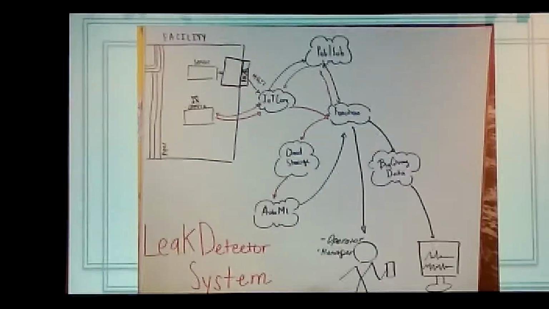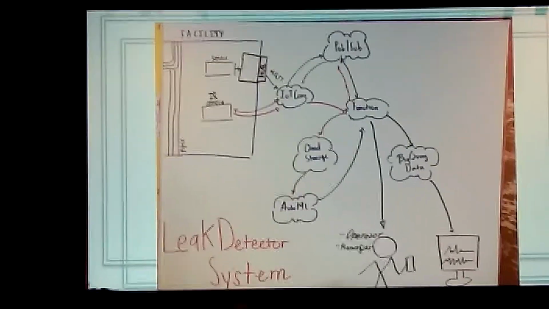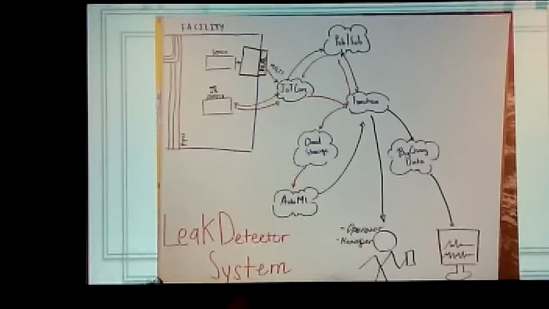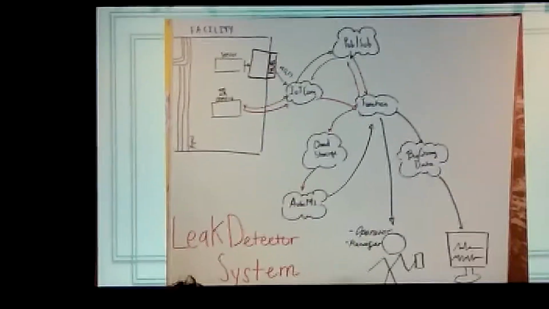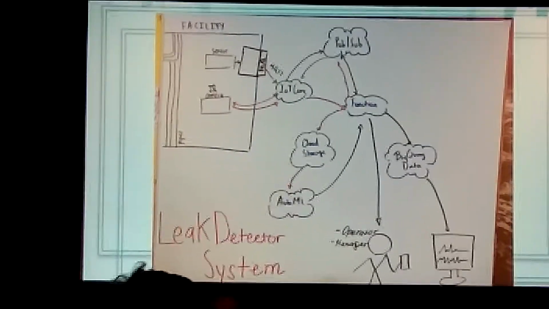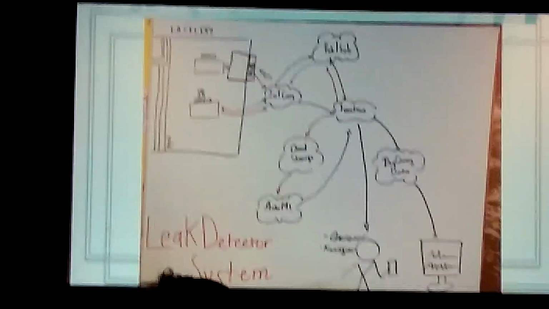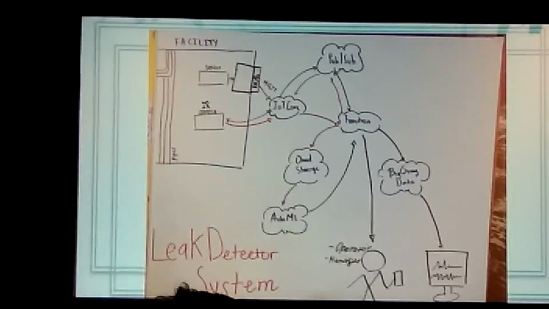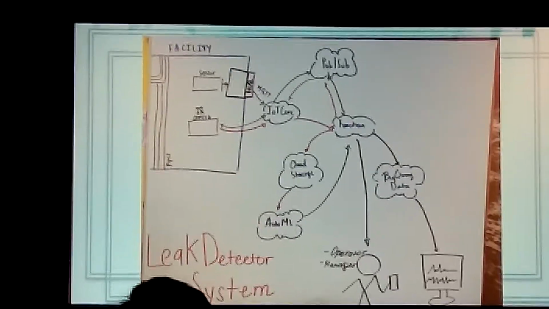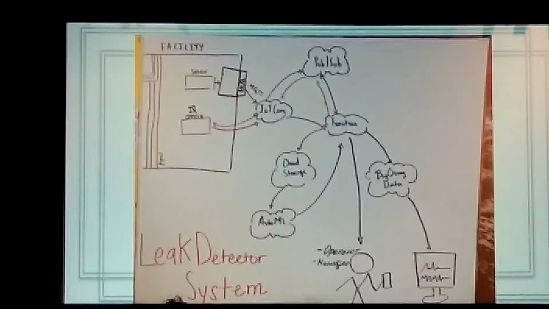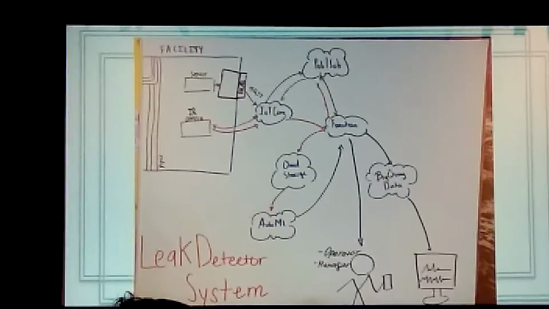The Cloud Function will decide if there is a possibility of a leak or not, and will send data first of all to the monitor on the bottom corner, and will send a notification to the operator or manager. And also, the most important part, it will send a command through IoT Core to the infrared camera that will take a picture and send it back to the cloud.